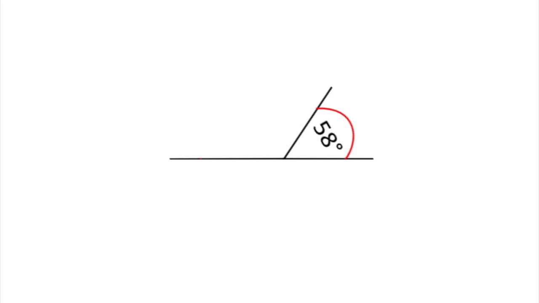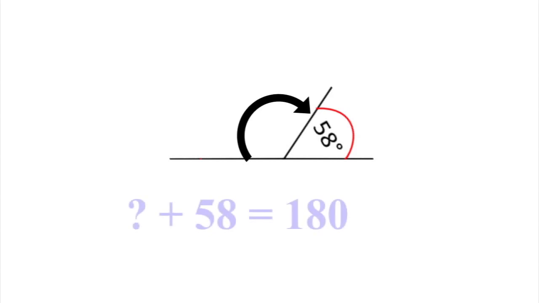And what do we know about a straight line? Well, the angles on the straight line make up 180 degrees. So on one side of the straight line we have 58 degrees, then we have this unknown angle.